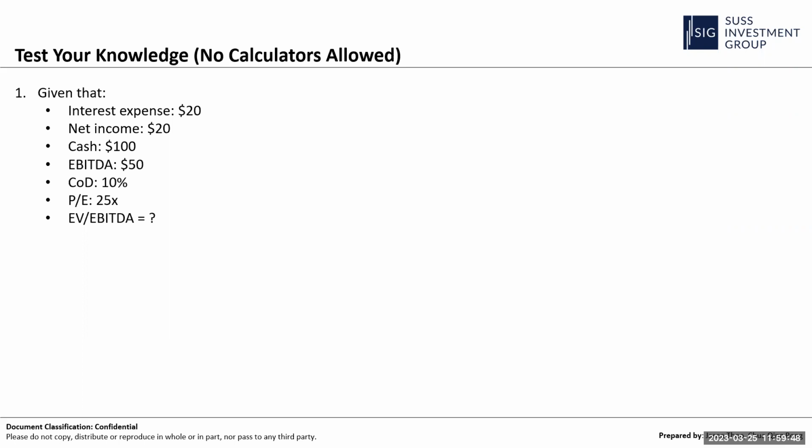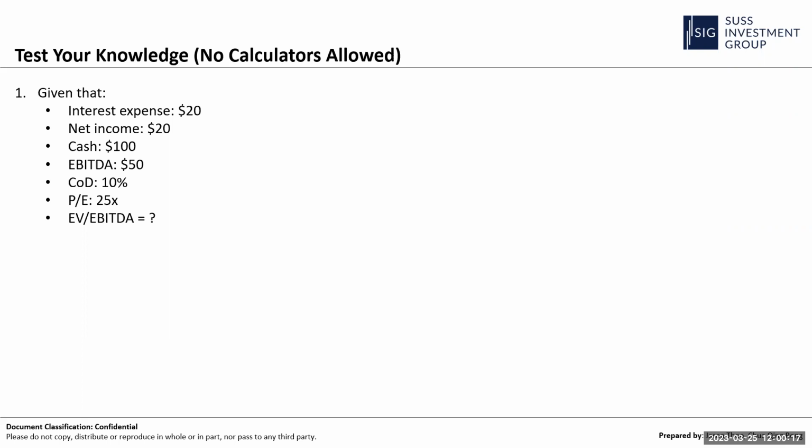200. Okay. So basically your debt, I gave you interest expense of 20, and the interest rate is 10%. So given your 20 bucks, you can work backwards and calculate your debt to be 200.